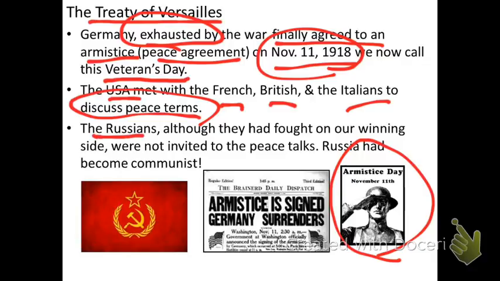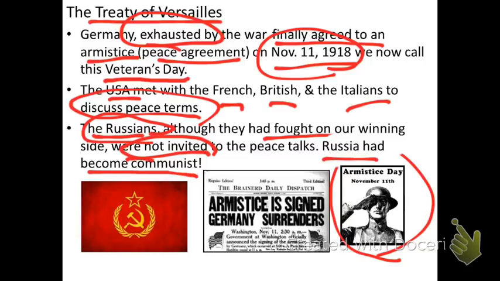Ironically, the Russians, although they had fought on the winning side, keep in mind that they had left the war early because of the overthrow of the Tsarist government of Russia, and a communist government took its place. The Russians were not invited to the peace talks because Russia had left the war early, and a huge part of it is because they're communist.